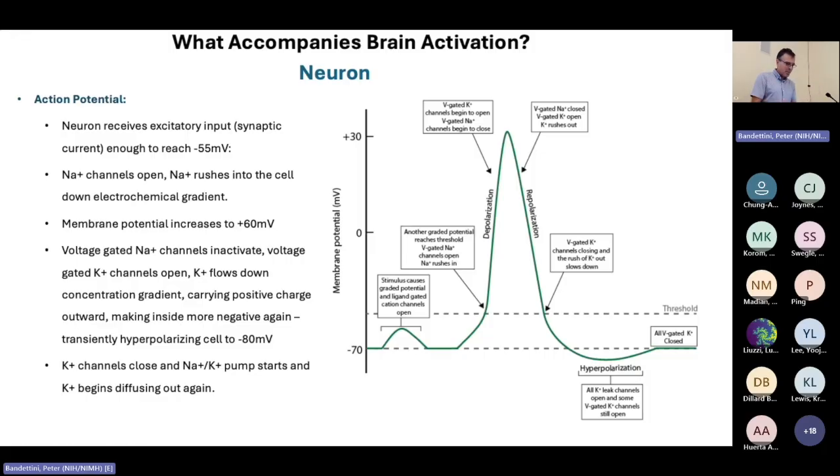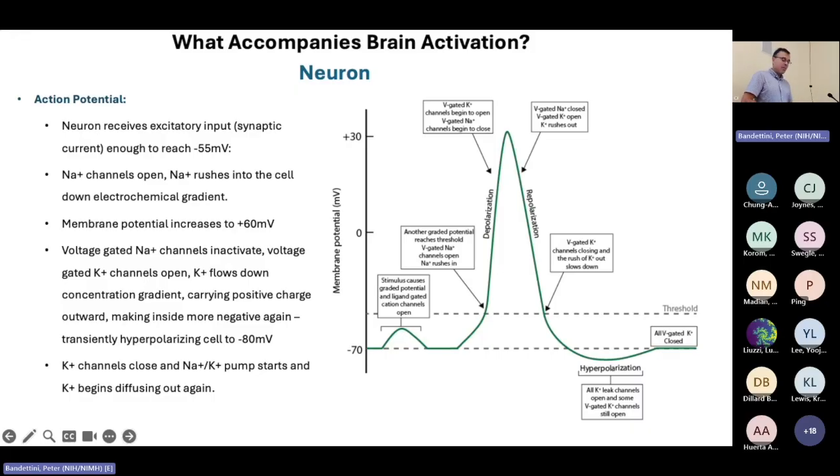During an action potential, and this lecture is not about action potentials, essentially once the membrane potential receives excitatory input such that it goes to about minus 55 millivolts, then a cascade of things happens. This is pretty much the basis of everything going on in our brains right now, and it's a really efficient way of transferring information.